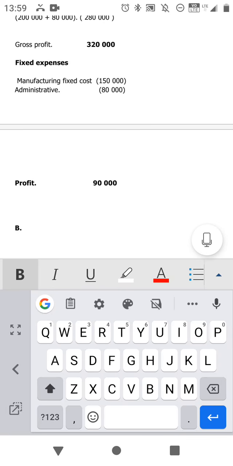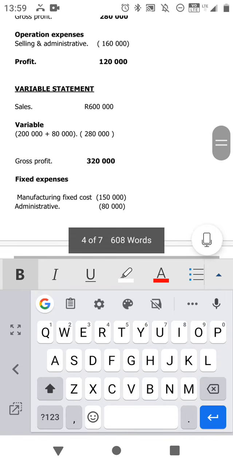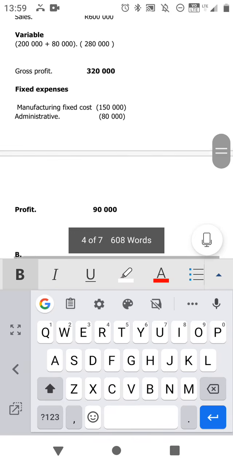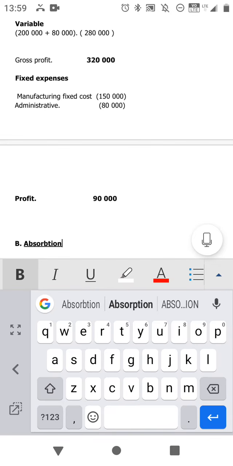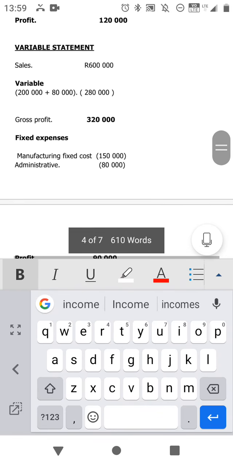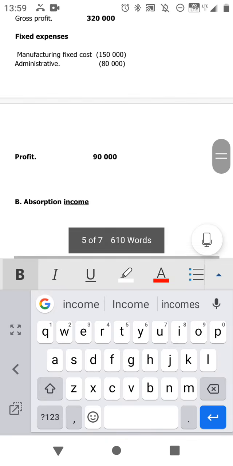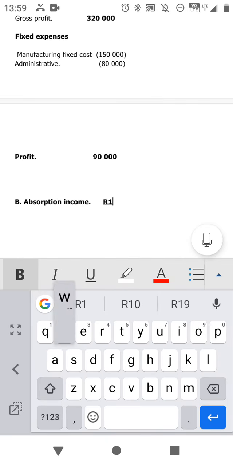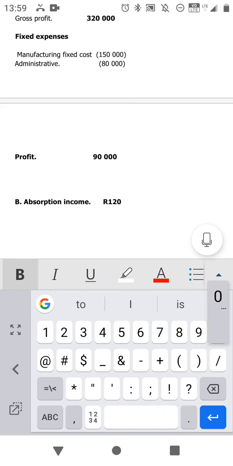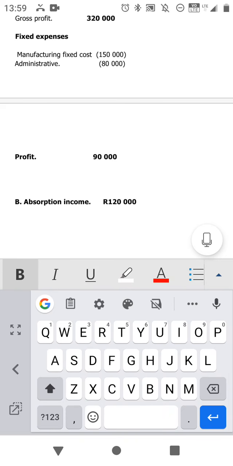The first one, we are going to say absorption income, we got the amount of 120,000.